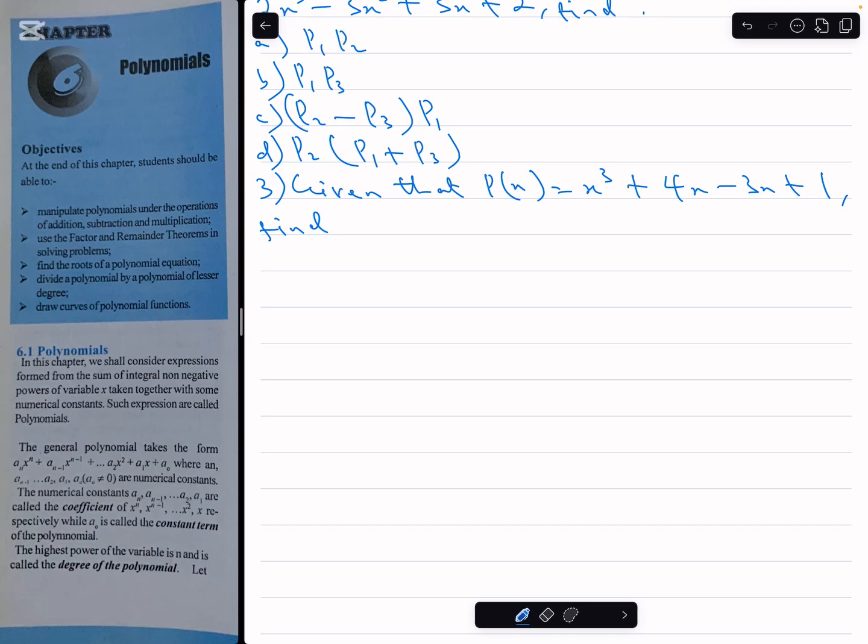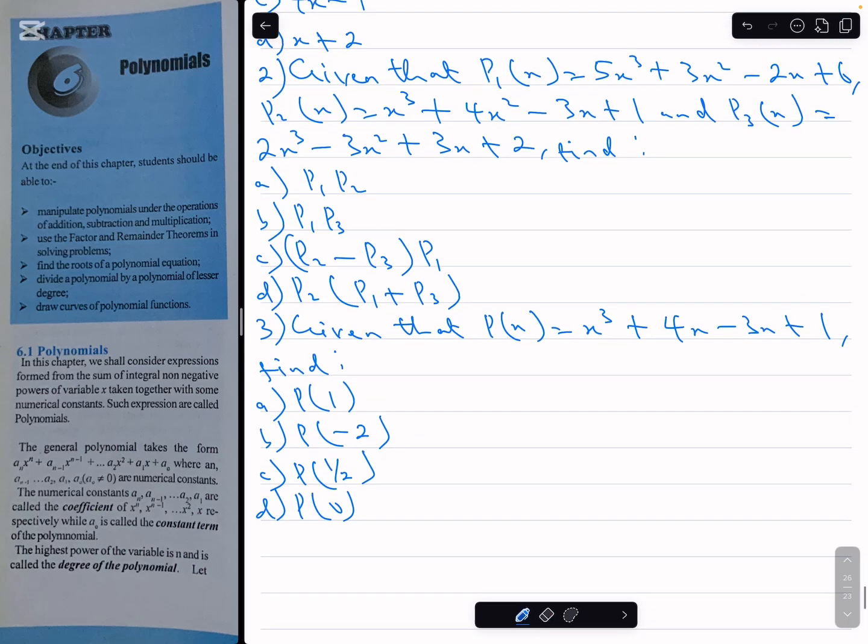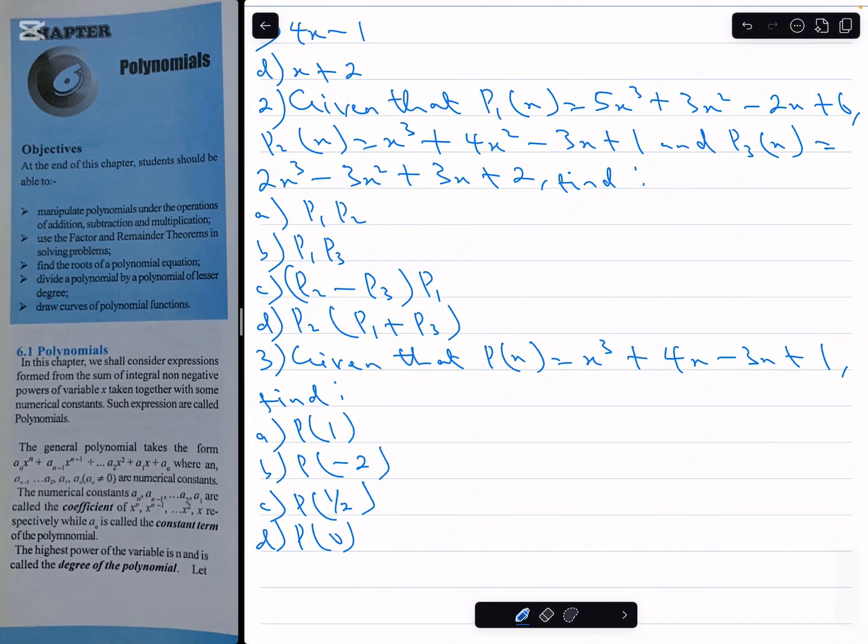Find a, p of 1, b, p of minus 2, c, p of 1 over 2, and d, p of 0. So that's the homework, very, very simply.